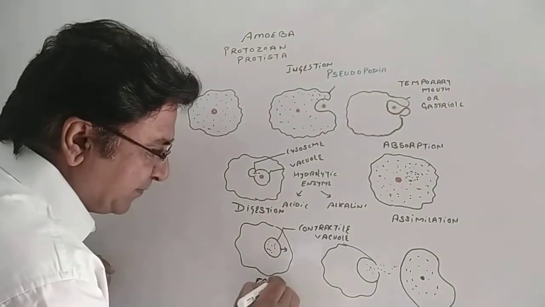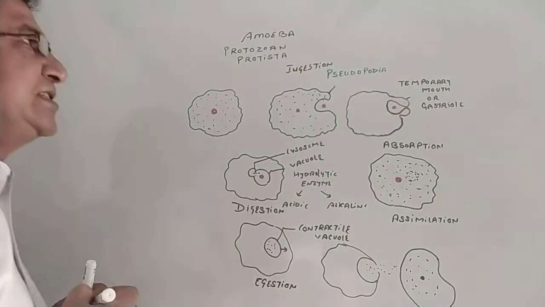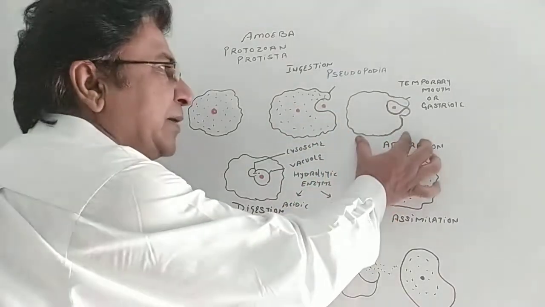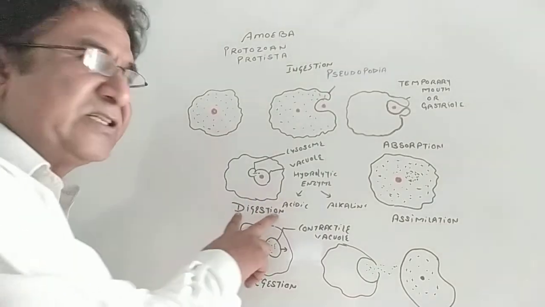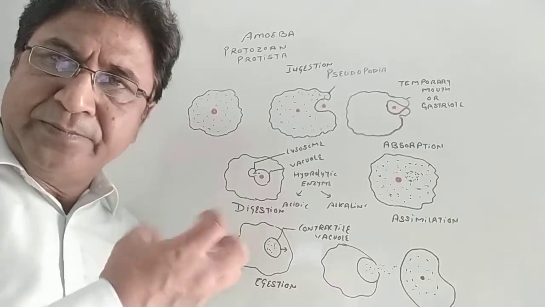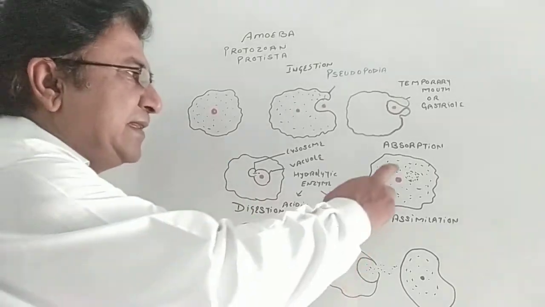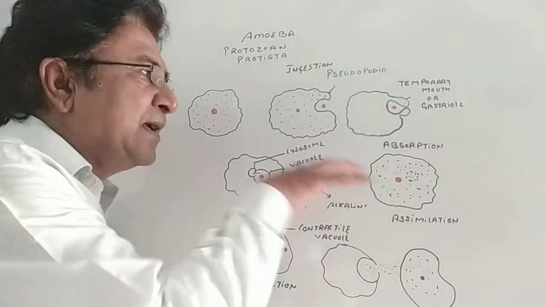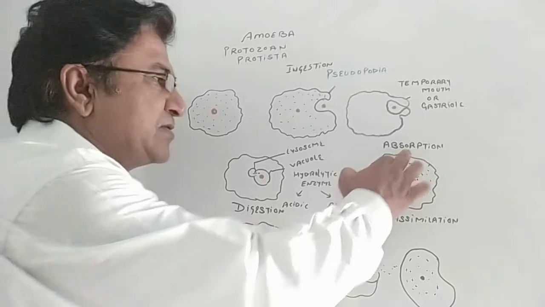Remember that. Once again, pseudopodia carry out ingestion by making a temporary mouth. The food is engulfed. Secondly, digestion: hydrolytic enzymes produced by lysosome help in breaking the complex compound into the simplest one, that is digestion. Then digested food is absorbed by the cytoplasm directly. It is called absorption.